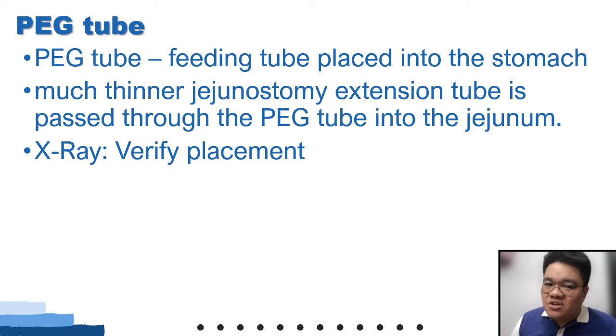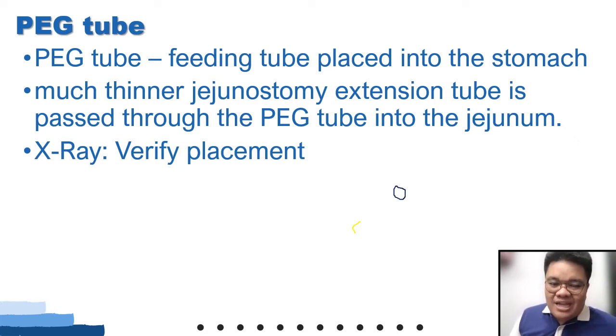Now, a much thinner jejunostomy extension tube is passed through the PEG tube into the jejunum. So class, this is why the PEG is used interchangeably between your gastrostomy and jejunostomy. In your jejunostomy, the tube is also passing through the PEG tube. However, the end of the tube is placed in the jejunum.